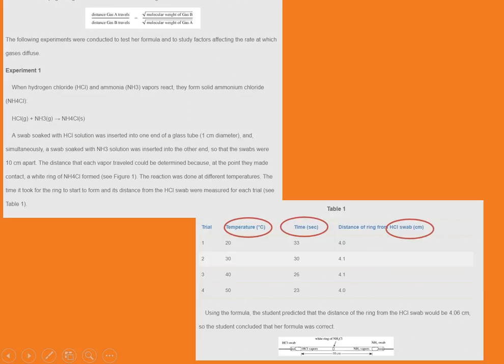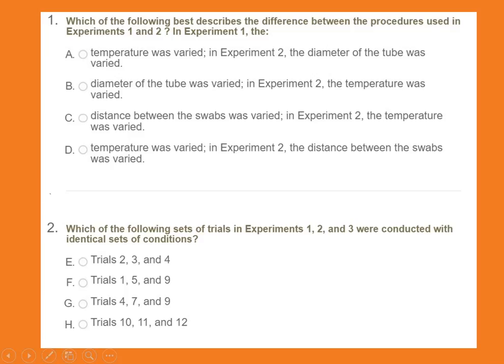So we can either get it from there, or we can look at table 1 and notice that the temperature is being varied by the person conducting the experiment. So that means temperature was varied. That's going to be one that we can potentially keep. Diameter of tube was not varied. Distance between swabs was not varied. Temperature was varied. So we have A and D, which are potential correct answers.